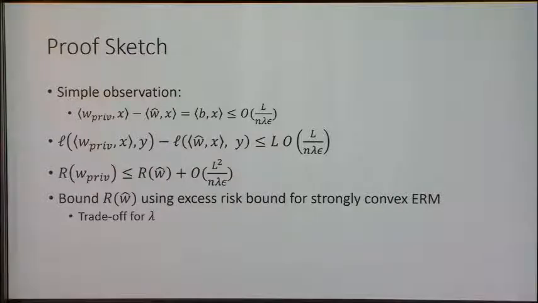And now here we bounded this by something like L by n lambda epsilon using constant probability. But if you want something that is going down with dimensionality, you have to add an extra log D here.